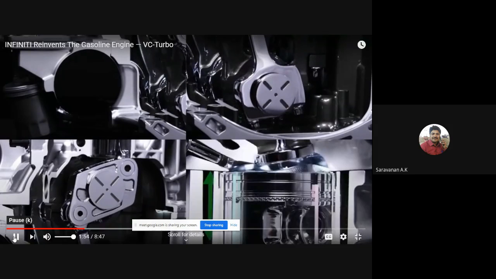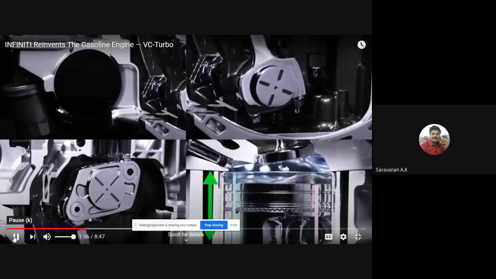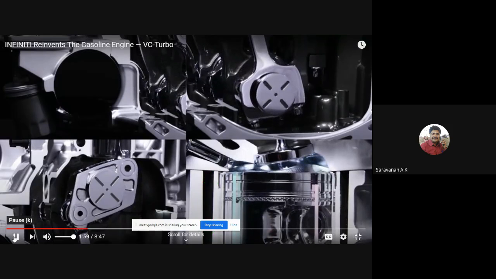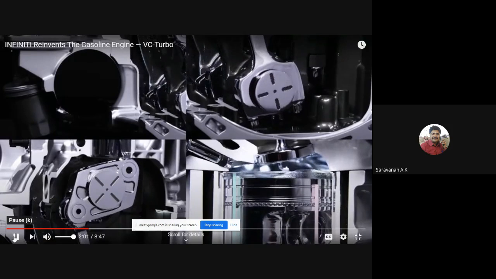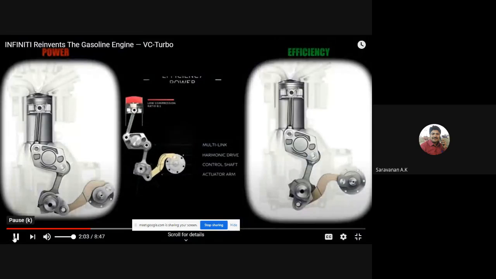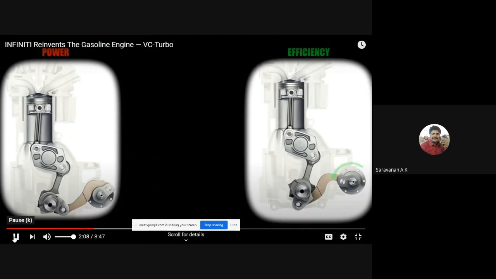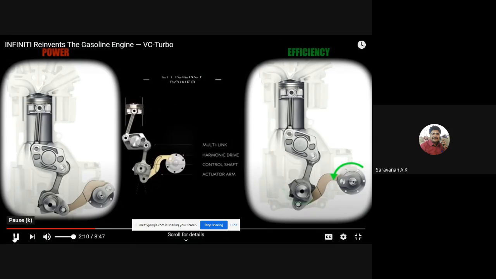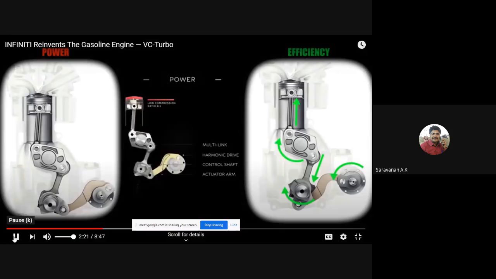Finally, the upper link moves from the multi-link's rotation, which causes the piston to move up or down, changing the compression ratio. So for example, if the engine was operating in its power mode, but wanted to switch to an efficiency mode, the harmonic drive as shown would rotate to the left. This would then rotate the control shaft, which would pull the lower link slightly down. This would rotate the multi-link slightly to the right, which would then force the upper link slightly upward, decreasing the space between the piston and the cylinder head, thus increasing the compression ratio.